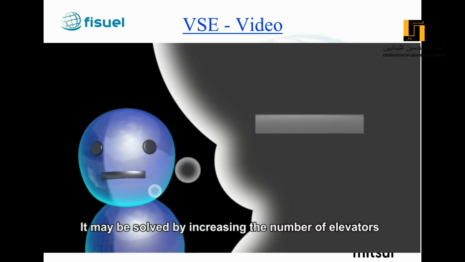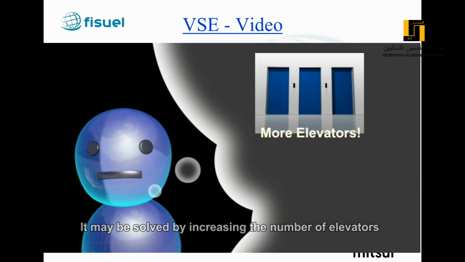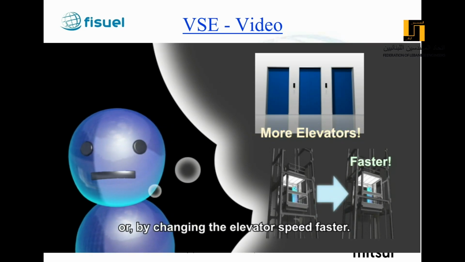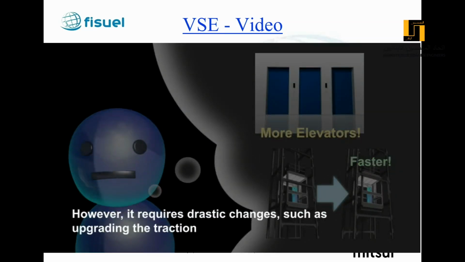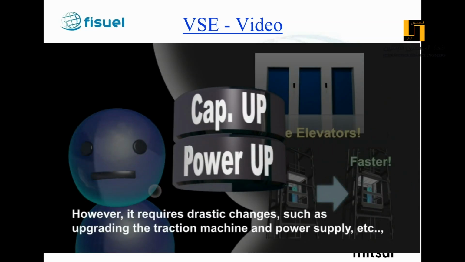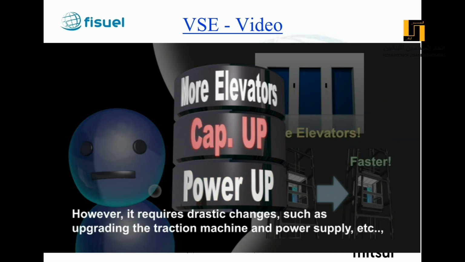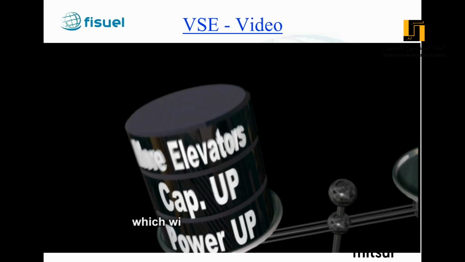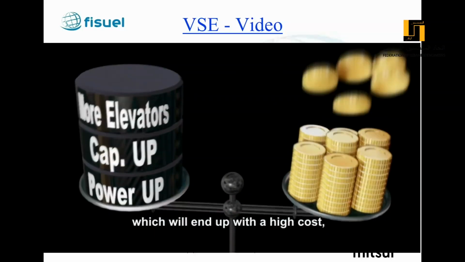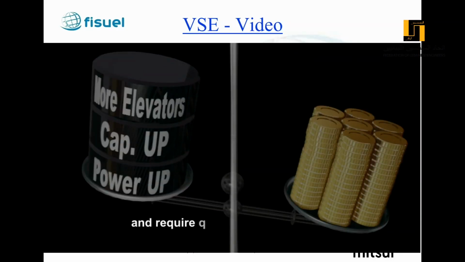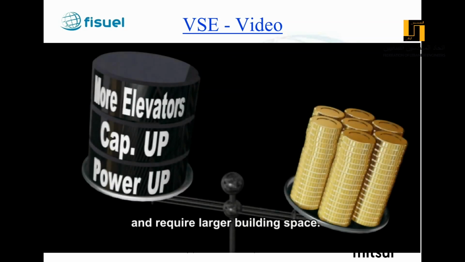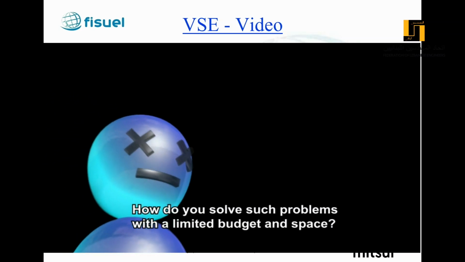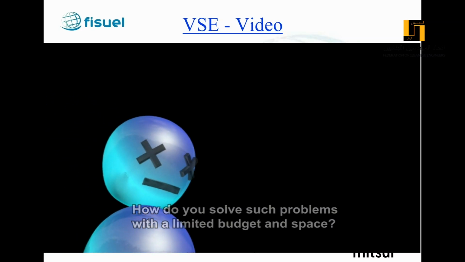It may be solved by increasing the number of elevators or by making the elevator speed faster. However, it requires drastic changes, such as upgrading the traction machine and power supply, etc., which will end up with a high cost and require larger installation space. How do you solve such problems with a limited budget and space?